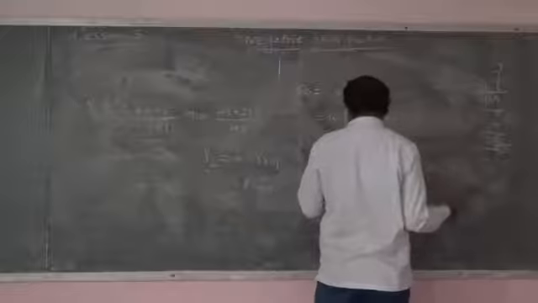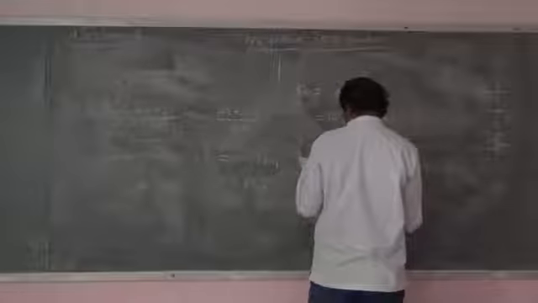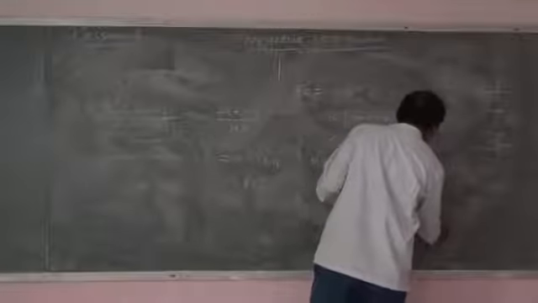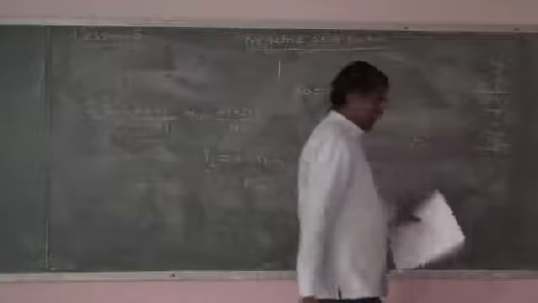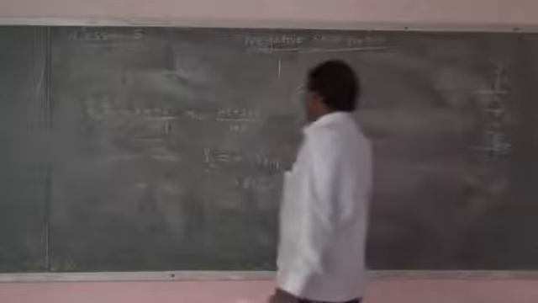Q is given to you 3000. B you take, square you make, and this is going to be 10.24 kilonewton per meter square.